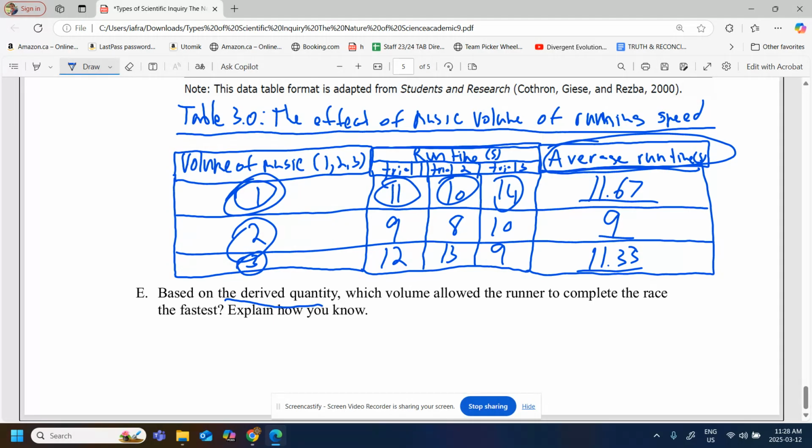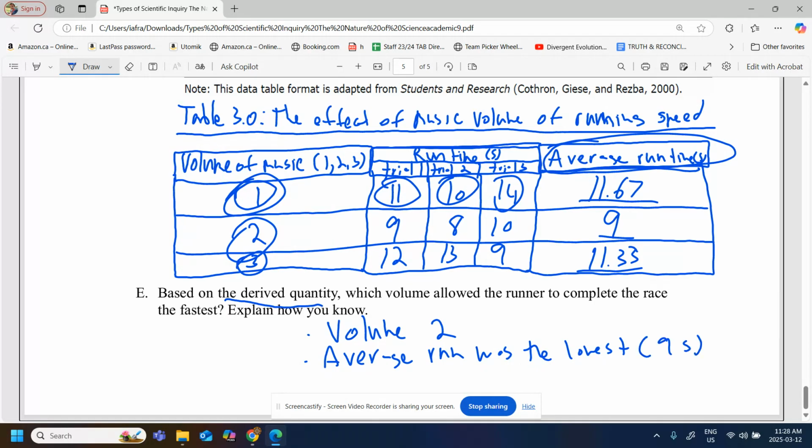Explain how you know. Well, it looks like it was volume 2. And that's because the average run time was the lowest, 9 seconds compared to the other ones being higher.